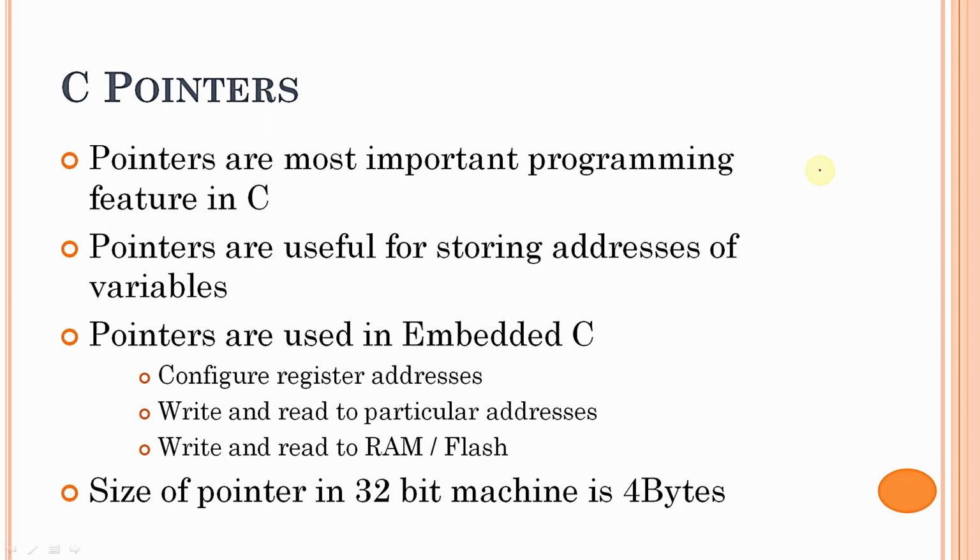Most often in embedded C, these pointers are useful for configuring register addresses, and reading and writing to those configured register addresses, as well as reading and writing from a particular configured RAM or flash address. And the size of a pointer in a 32-bit machine is 4 bytes. It is fixed.